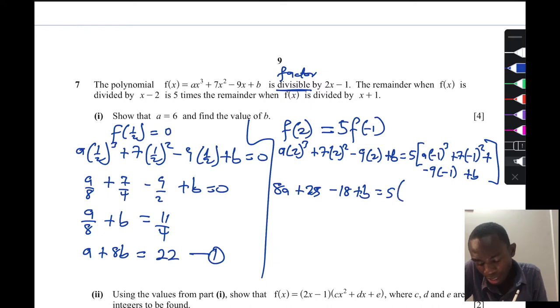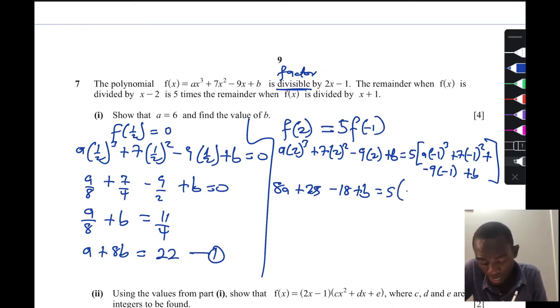Now inside this particular bracket, negative 1 cubed is negative 1, so that's negative a. We have plus 7, we have plus 9, we have plus b. So you have 8a plus 28 minus 18, that is 10. So let's just put 10 there and then be free.